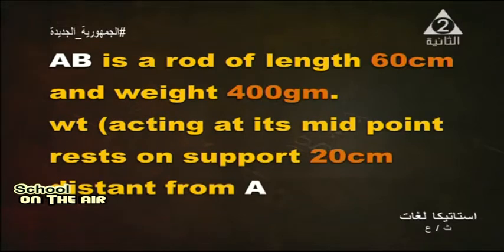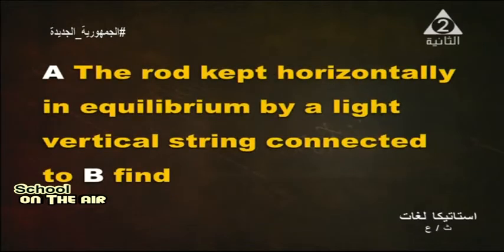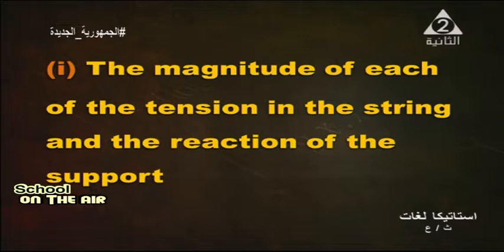The weight, 400 grams weight, acts at its midpoint, and it rests on a support 20 centimeter distance from A. The rod is kept horizontally in equilibrium by a light vertical string connected to point B. What is required? Number 1, the magnitude of each of the tension in the string and the reaction of the support.